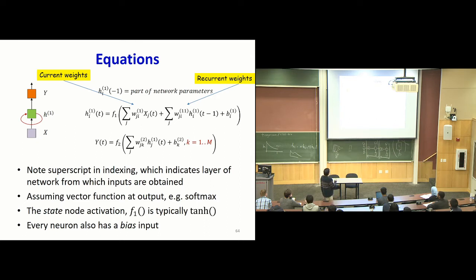So this H is going to be some activation F, which operates on a weighted sum of the X's plus a weighted sum of the H's at the previous time, plus some bias, because that's affine, right? And again, observe that the bias is specific to this guy. These weights going from here to here are specific to this neuron, and the superscript 1, 1 shows that it's a connection from a neuron in the first layer back to a neuron in the first layer, right?